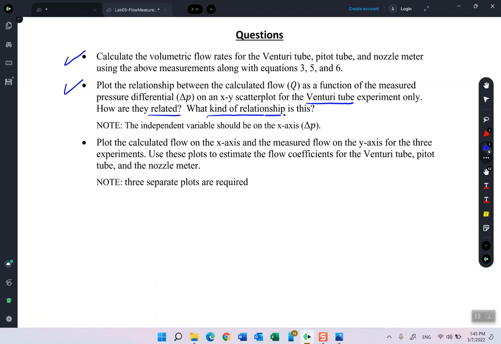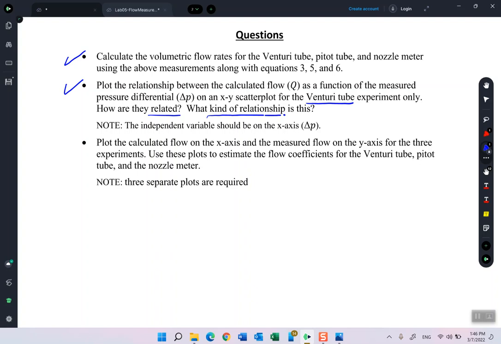So before doing this with you guys, do you have any idea about the answer to these 2 questions? The first one, how are they related? To make it easier, there are 2 main kinds of relationships: direct or inverse. By direct relation, I mean when one thing increases, the other increases.